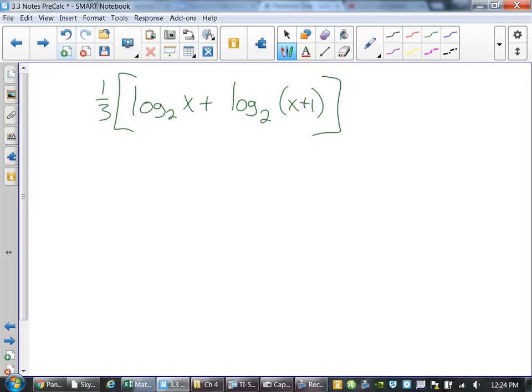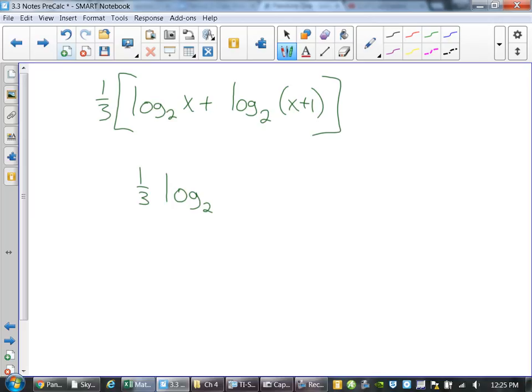It's kind of funny. All right, so we're going to condense this one again. How many logs should we wind up with? 1. What's the base of said log? 2. Okay. Now, what I'm going to do is work on the interior portion first, because we know that this 1/3 is going to be out here after we still mess with this stuff. On the inside, what am I going to wind up with?